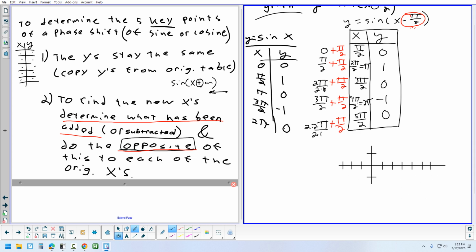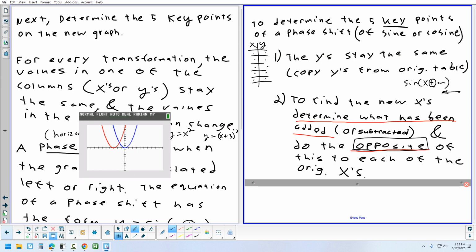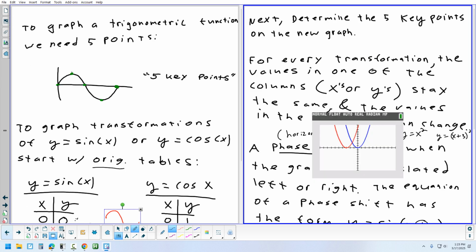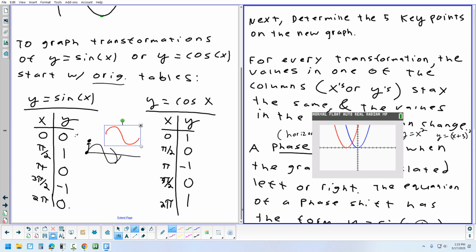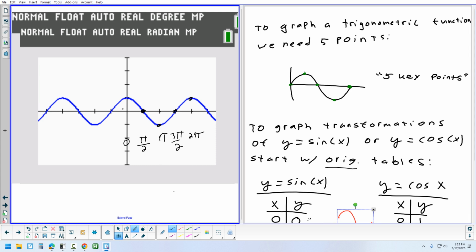When we started with these values, right here, 0, pi over 2, pi, 3 pi over 2, and 2 pi, look back at the picture for those. Are those values all equally spaced? Yeah.